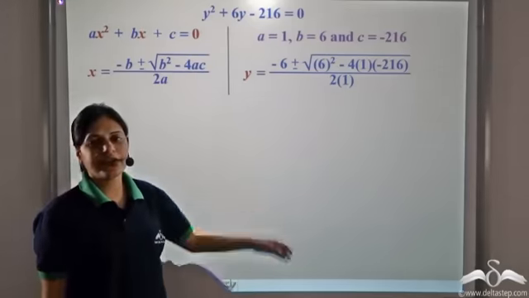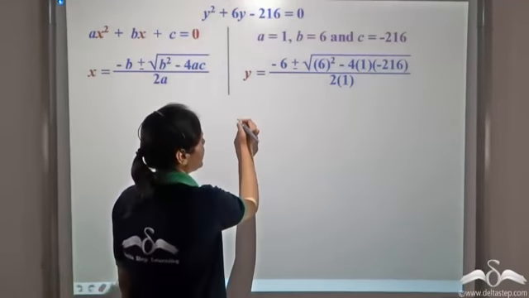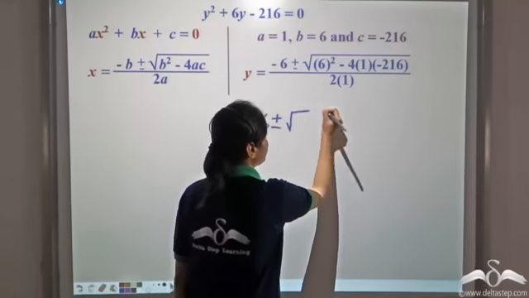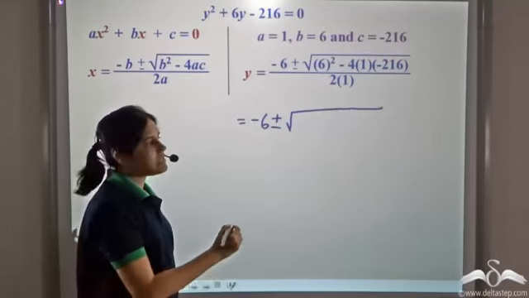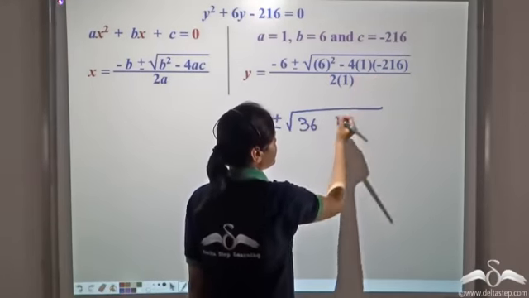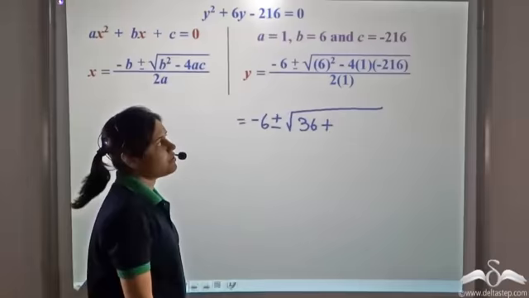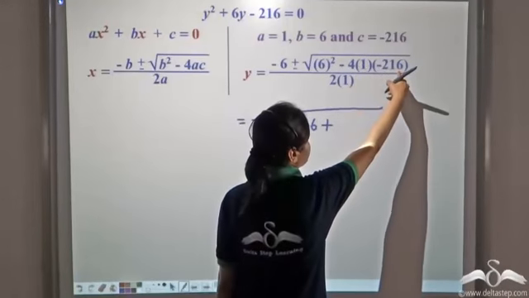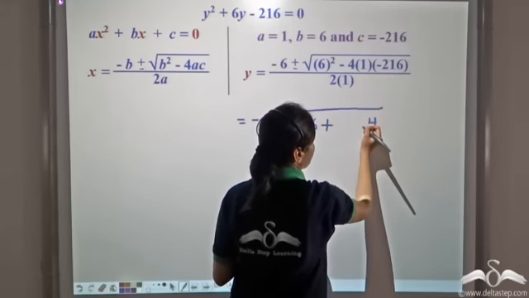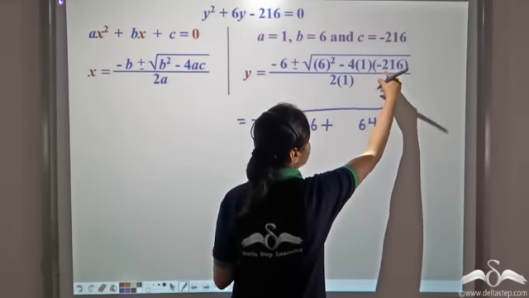Now let us simplify it further. We get negative 6 plus minus root over 6 square is 36. Negative, negative give us positive. 4 into 216. 4 6s are 24. 4 1s are 4. 4 2s are 8.